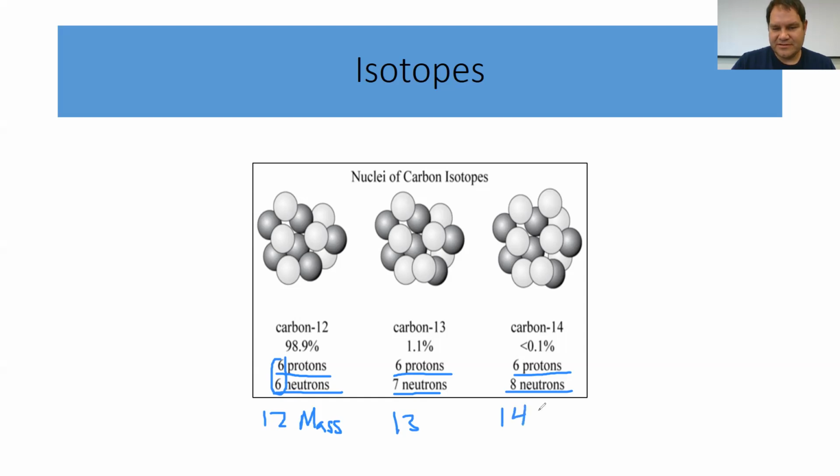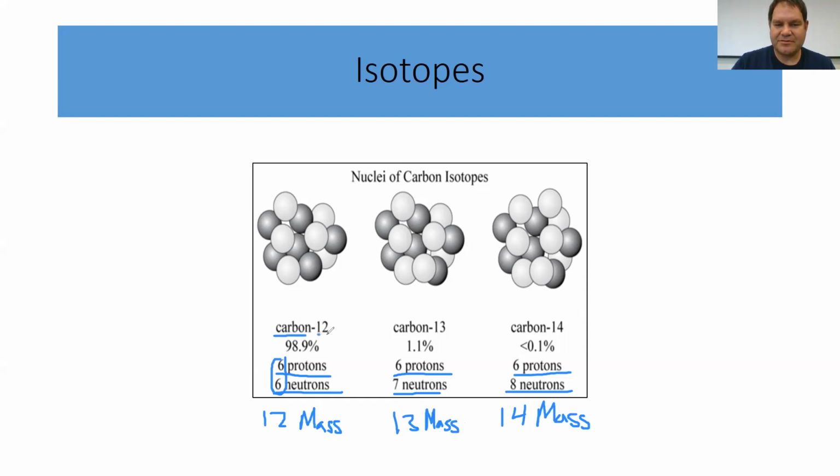So the mass numbers of each one of these isotopes are indicated right here. You will notice that you see 12, 13, and 14. And you'll see the name of the element or atom, carbon, followed by a hyphen, and then 12.